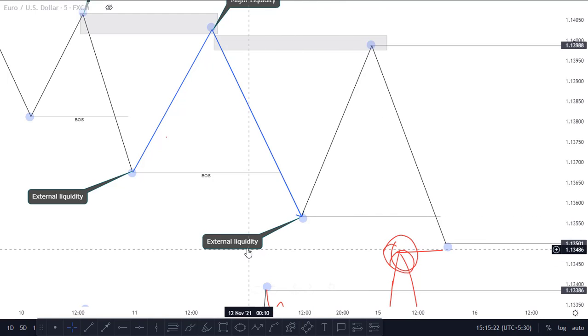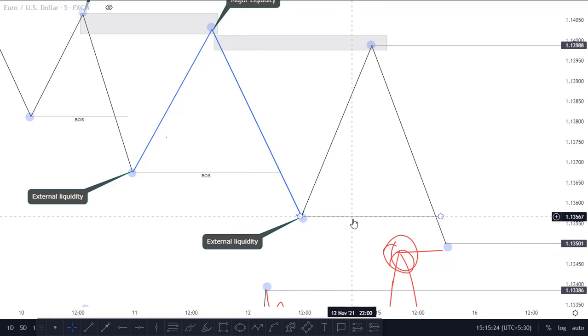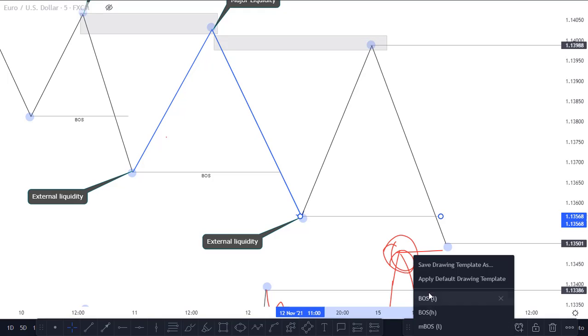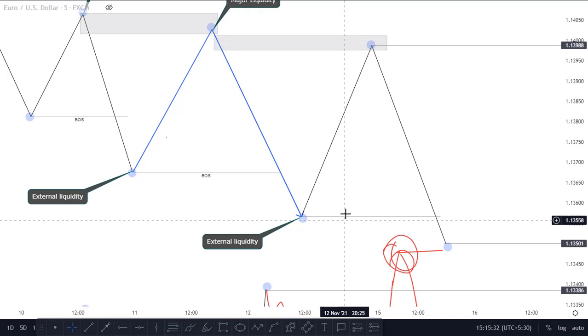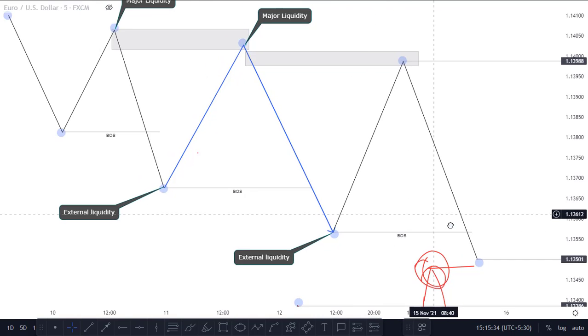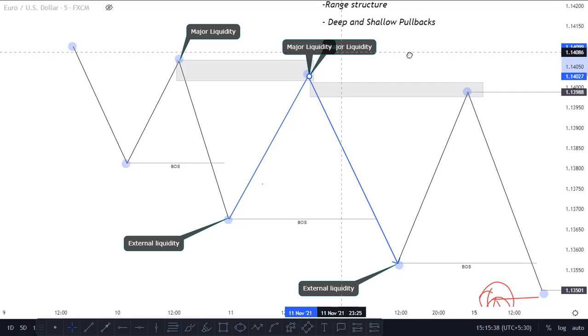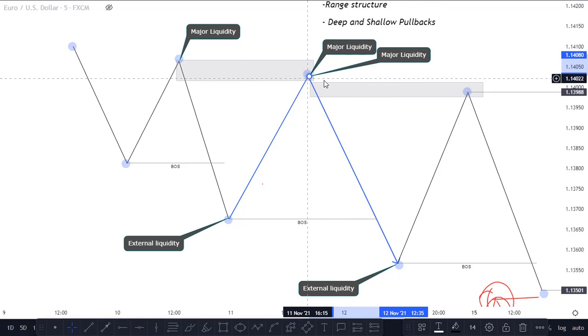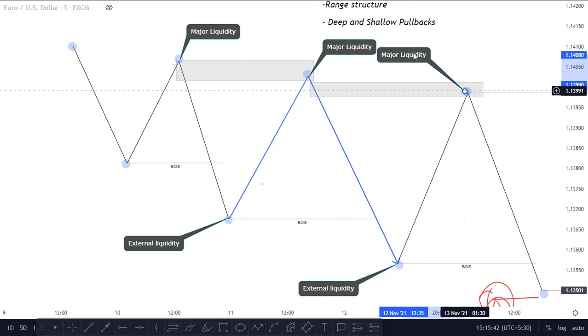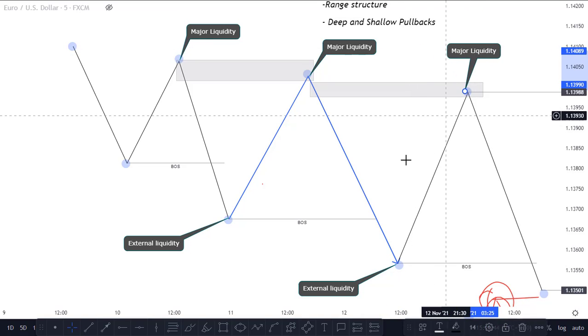Now, once external liquidity is taken, that's when we say we have got a break of structure here. So this also will become what? A major liquidity. We are talking about a range.